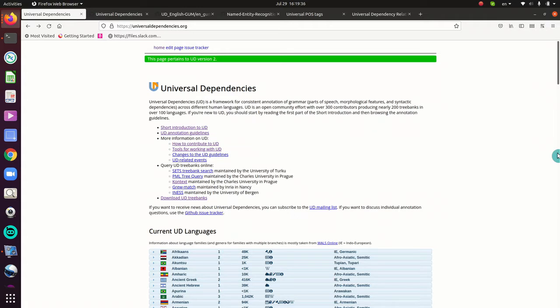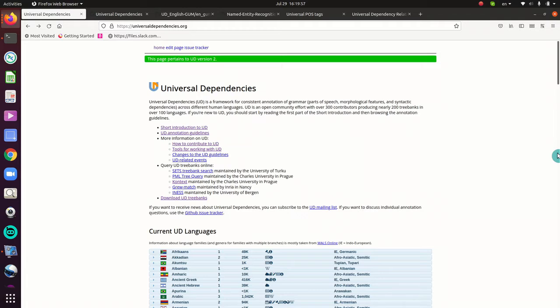First of all, what is Universal Dependencies? UD is a project that is developing cross-linguistically consistent treebank annotation for many languages, with the goal of facilitating multilingual parser development, cross-lingual learning, and parsing research from a language typology perspective.